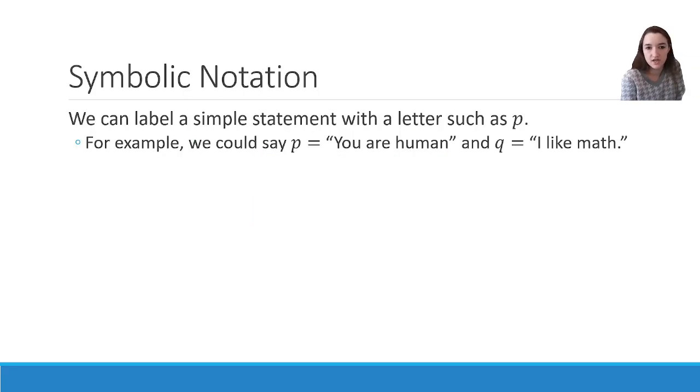All right, now let's get into the real meat of our subject, which is going to be symbolic notation. So taking all of these connectives, the negation, all these ways we can sort of mess with our statements, we're going to make them symbolic, which means we're going to write them in a way that's going to look a little bit like algebra.